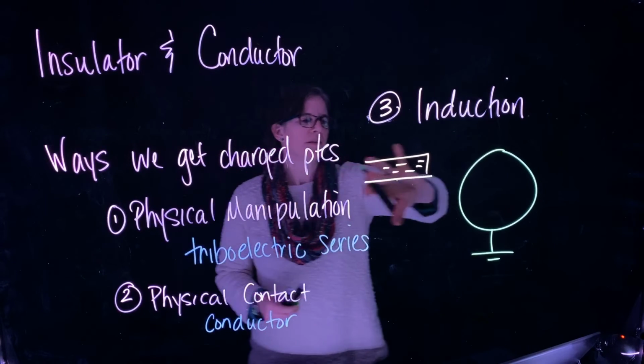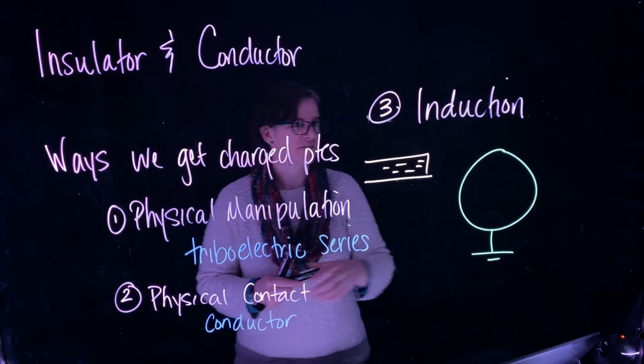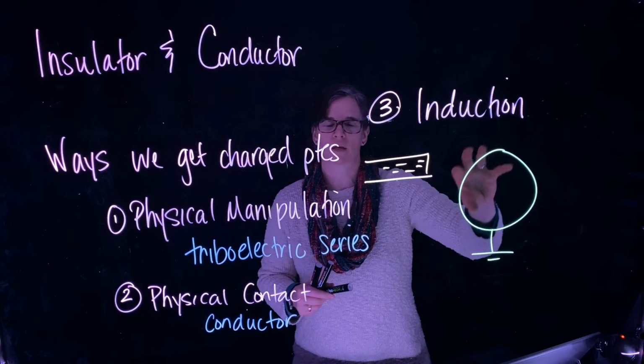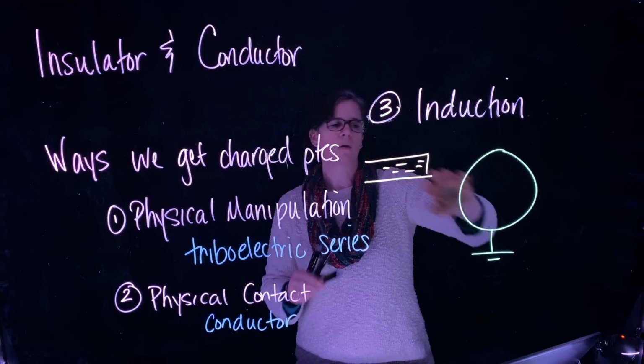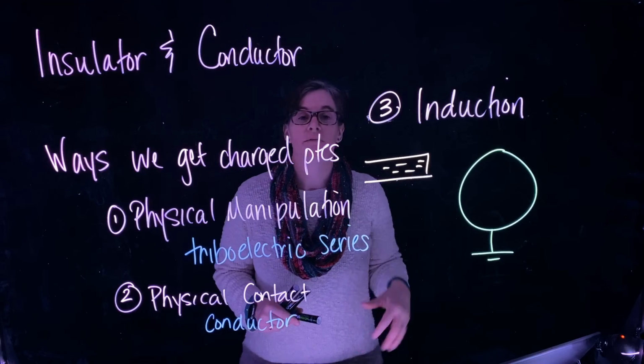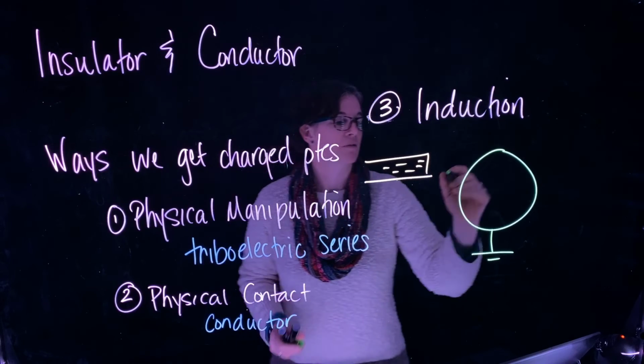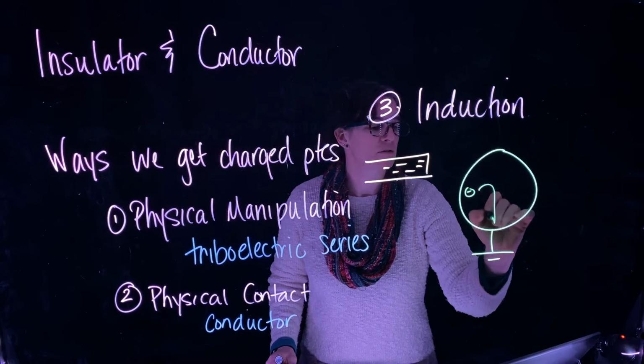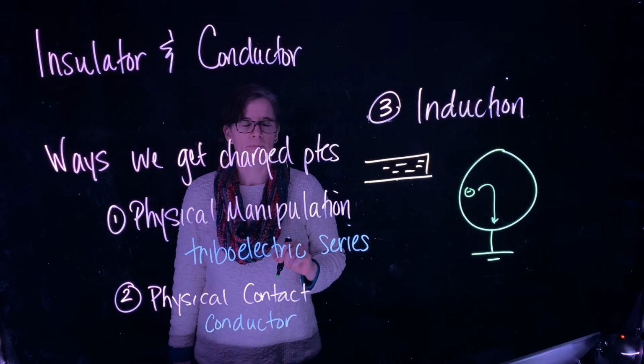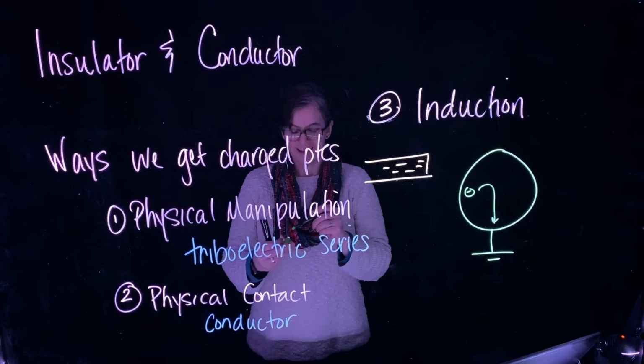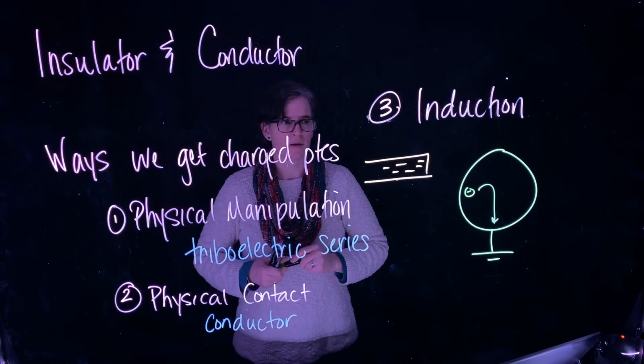So as I bring this negative charge towards this sphere, the electrons in this area are like, whoa, negative charge is coming, I don't want one of those. And they start to run away. They start to go out into the ground. So our negative charges move out into that ground. Now, here's an important step.